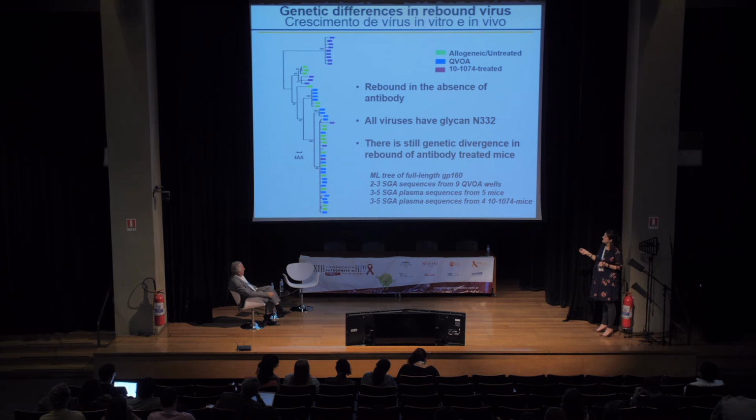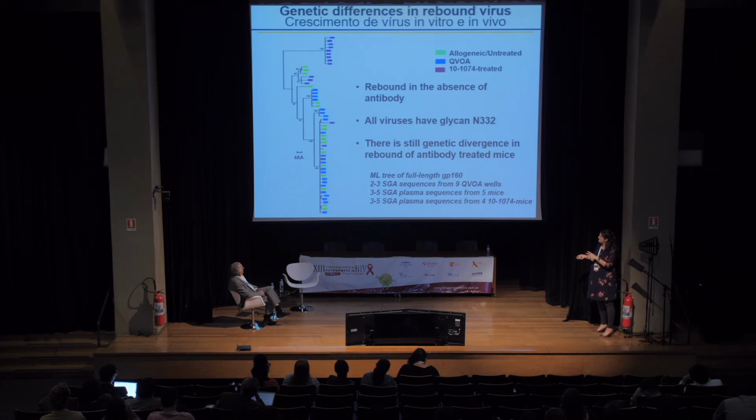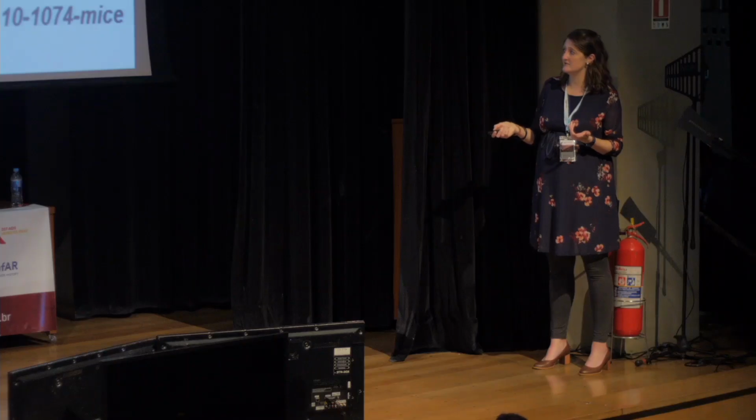So there's no obvious resistance markers in these viruses that are growing out. However, there's still genetic divergence, and it looks like some genetic selection when you are treating these mice with antibody. That's interesting, and we're curious about how that's working, and we also need to formally test resistance, because it's possible that resistance is just not found by removing the glycan for some reason.